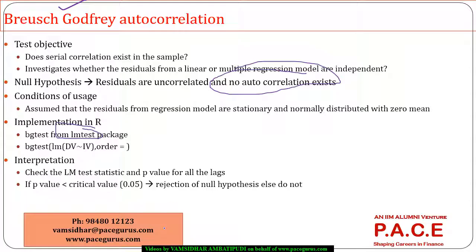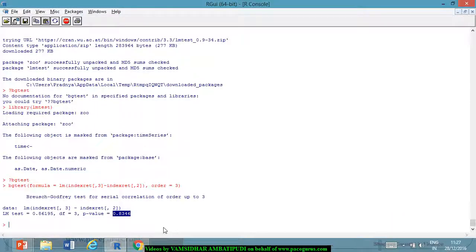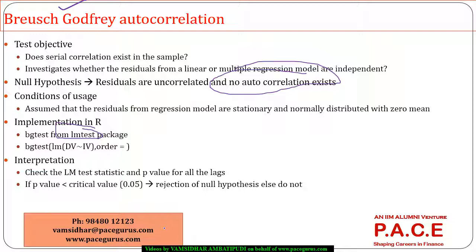So even from this data, I am able to say that there is no way the past values of the telecom are able to influence the realty sector returns in any manner. So even the Breusch-Godfrey autocorrelation test is confirming the same for me.